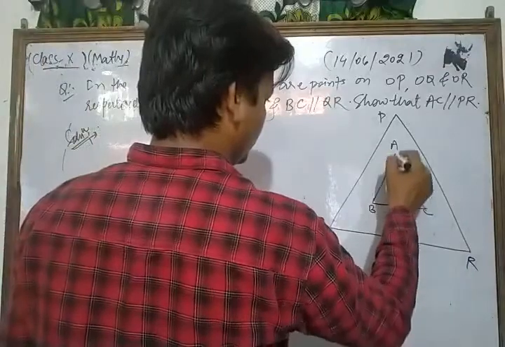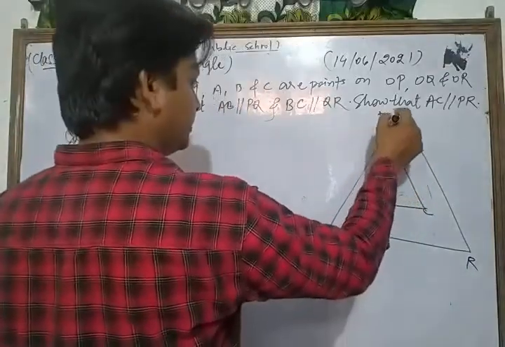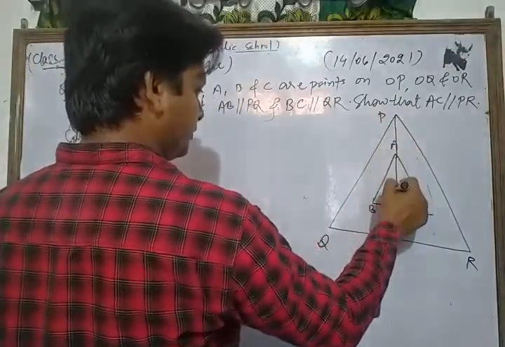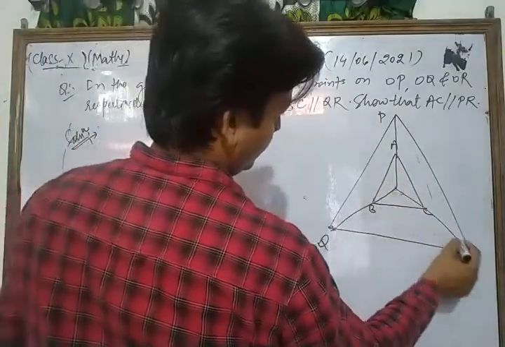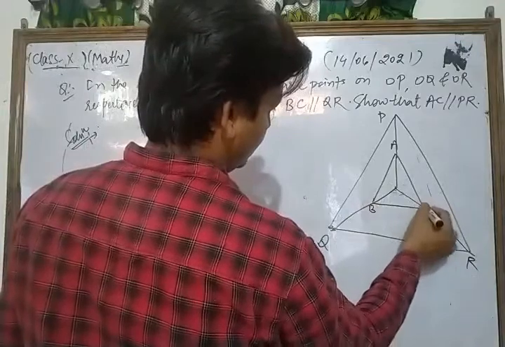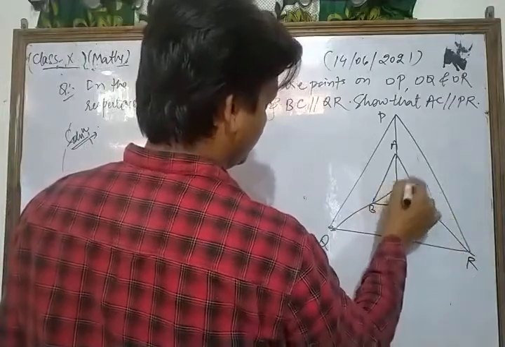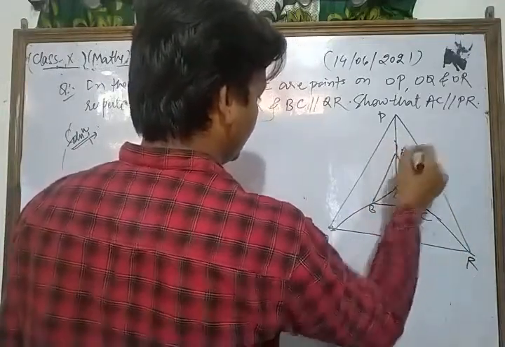From there we join the points. This is point C, this is point O, and this is point A. This is the figure.